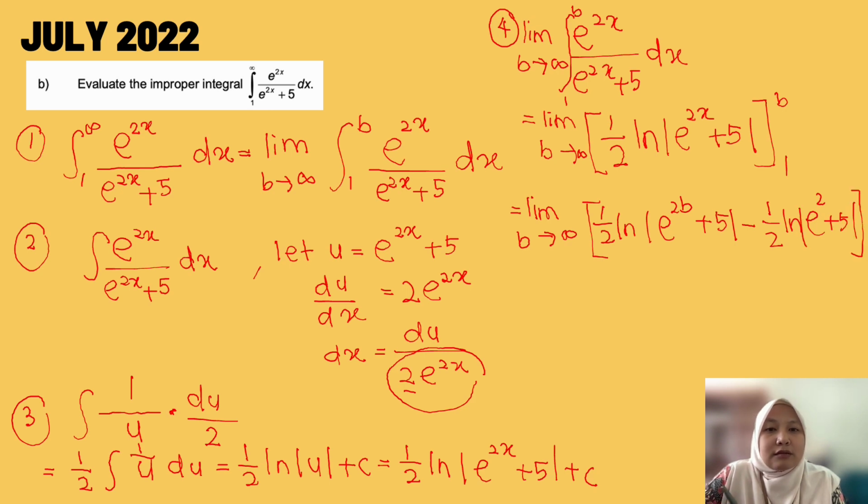Evaluate this one, this part we will get infinity, so we get infinity minus a value here. So we still will get infinity as our final answer.